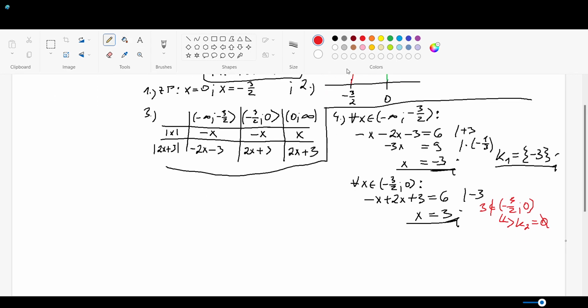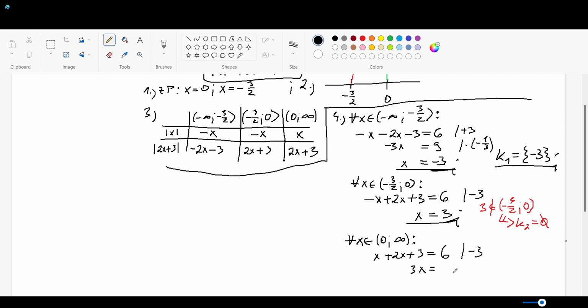Now let's have a look and calculate the last equation. So for each x from the interval 0 to infinity, my equation is going to be x plus 2x plus 3 is equal to 6. Again, let's do it quickly.